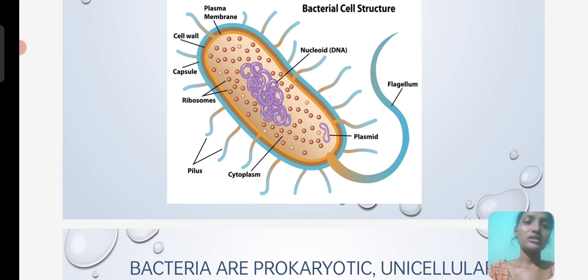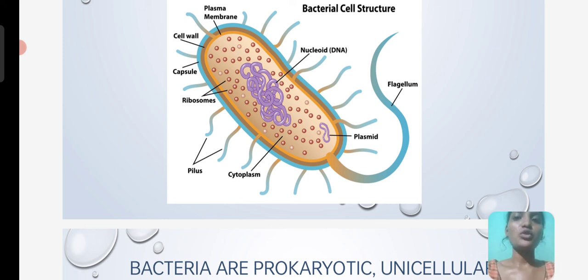Here you see pili, which are the outermost structures. They are hair-like structures, thick, short, hair-like appendages arising from the cell wall. It is made up of a protein called fimbrin or pilin. Pili are of two types: pili and sex pili.